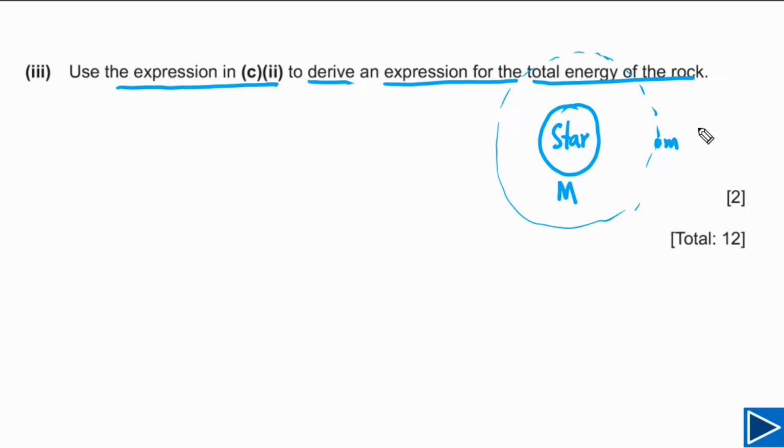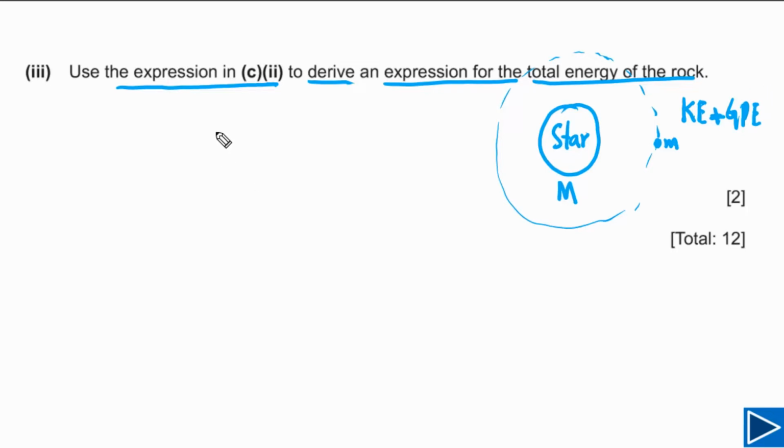Now this rock has 2 kinds of energy. The one is the kinetic energy because it has speed, it is orbiting around this one, and the second energy of this one is GPE, gravitational potential energy, that is due to its position around this star.